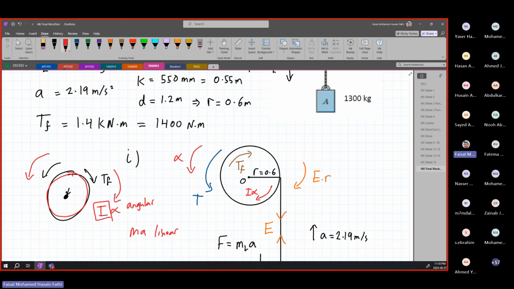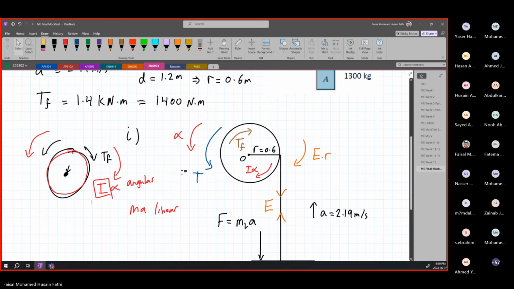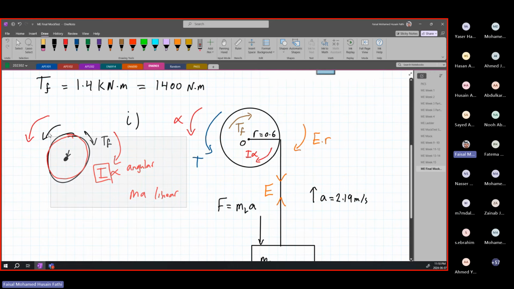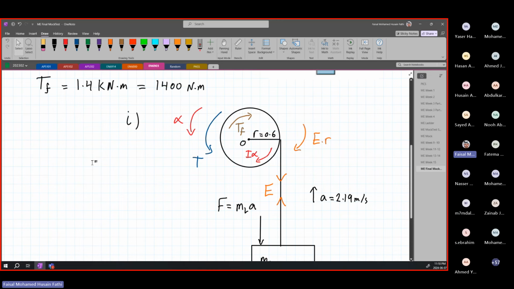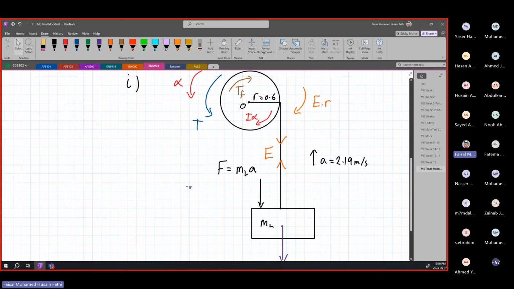So this is basically always opposing your angular acceleration, and it will always be in the same direction in these cases with your TF, because your angular acceleration most of the time is in the same direction as your torque. That is why this is the case. One is negative, we're going to look at that in a bit.